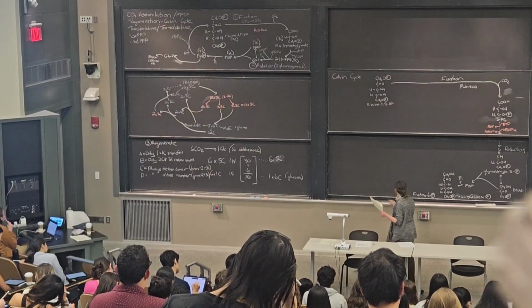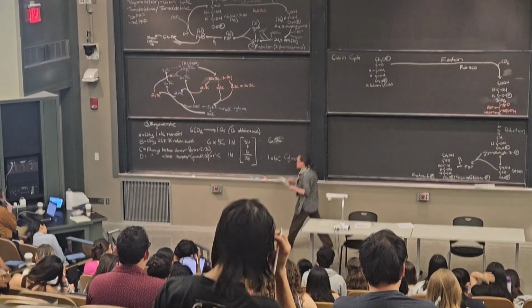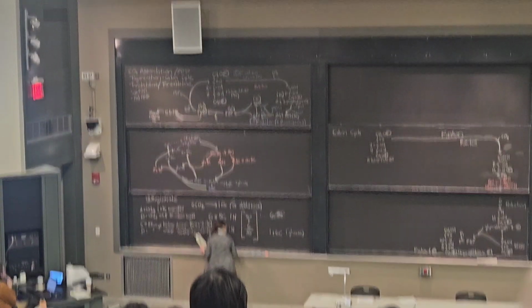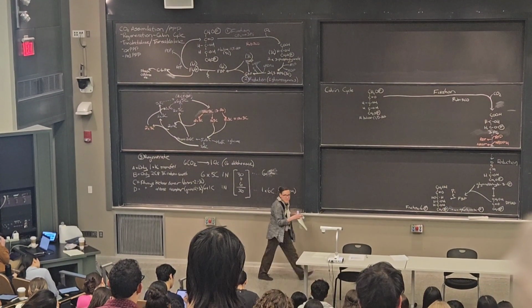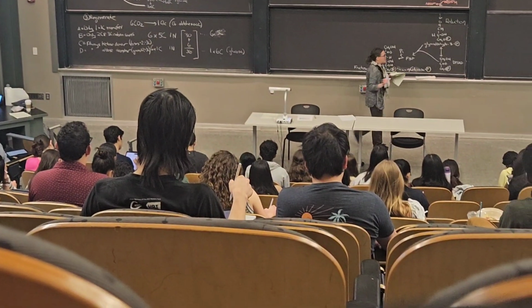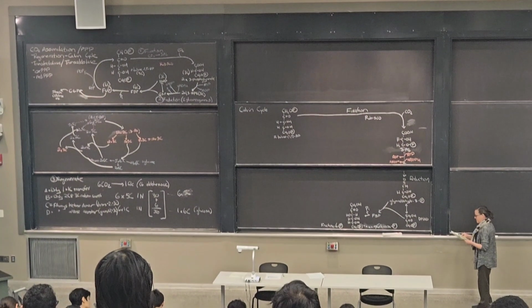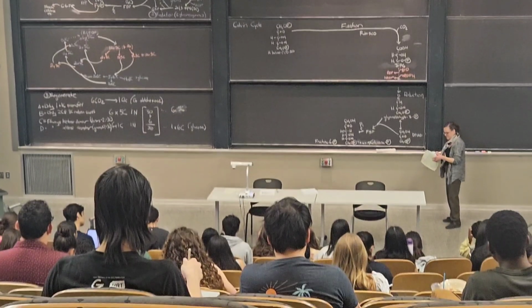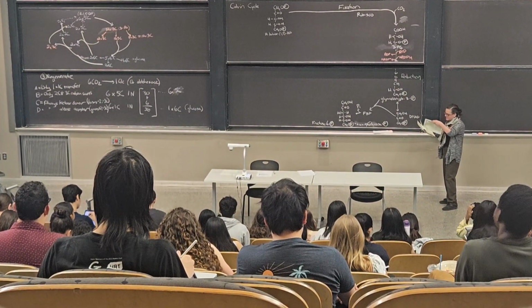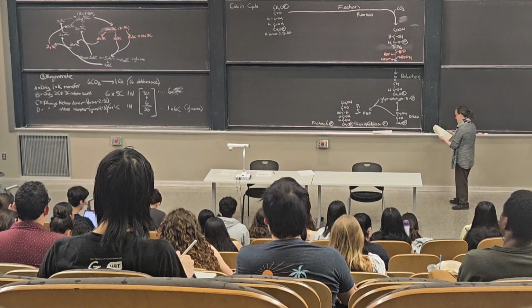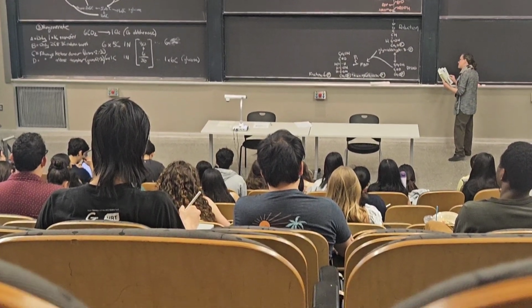Okay. So, like I mentioned, the rules that I've drawn over here on this side of the board emerge from the chemistry of the enzymes that catalyze these reactions, okay? And there's actually two enzymes that we need to go over for this purpose.